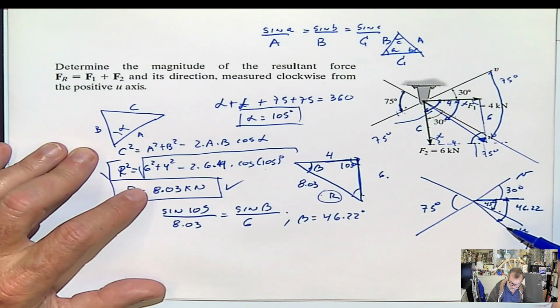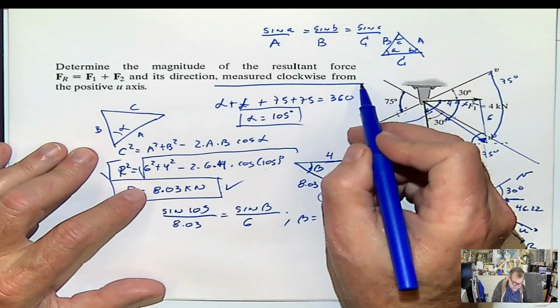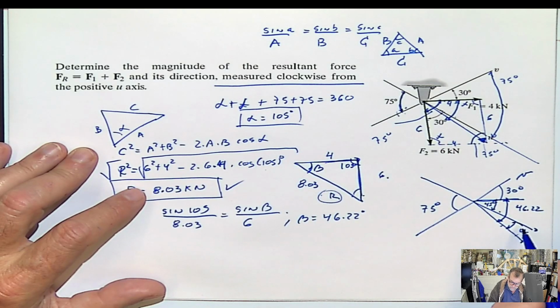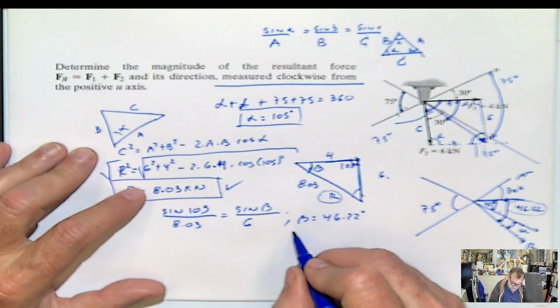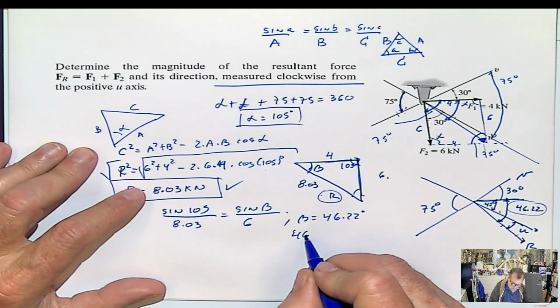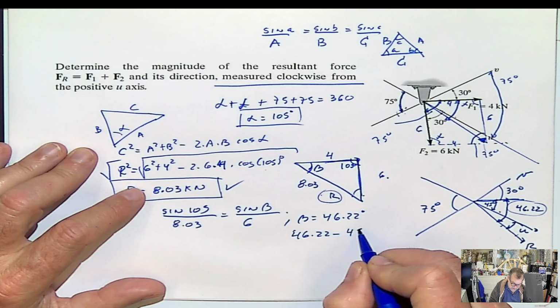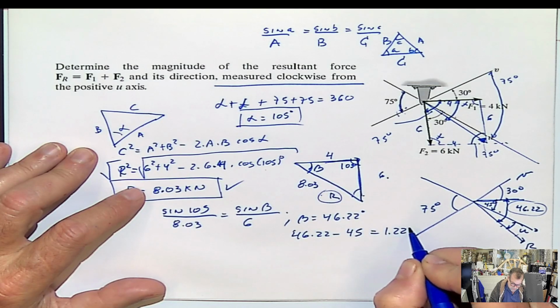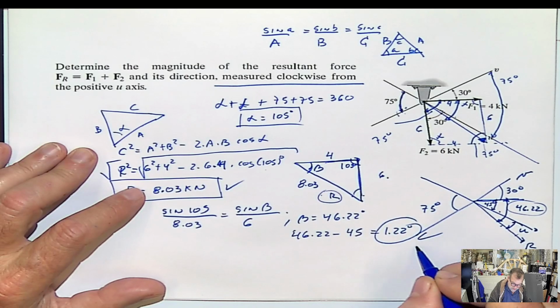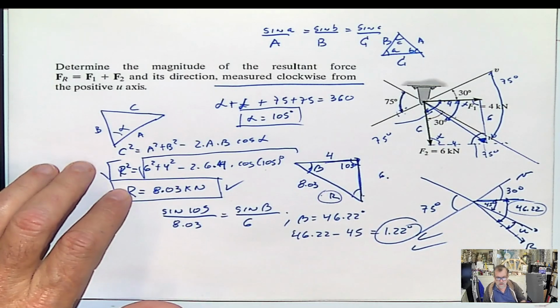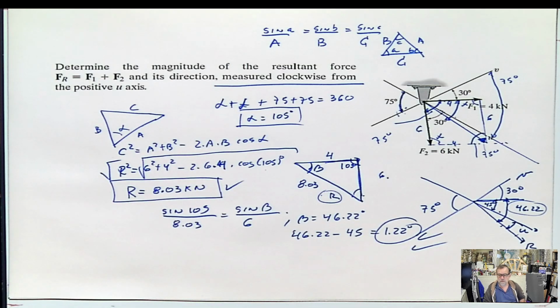And this is 46.22, so this little angle measured clockwise from the positive U axis, that's what the problem is asking, is the one that we're looking for. So that will be 46.22 minus 45, equals 1.22 degrees, and that will be the angle that we have to calculate.